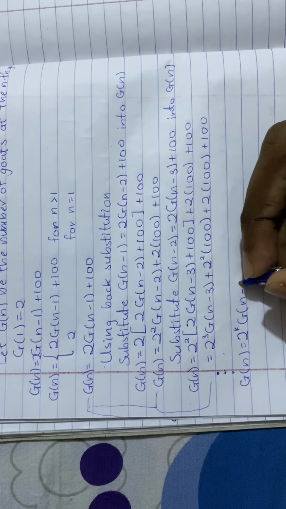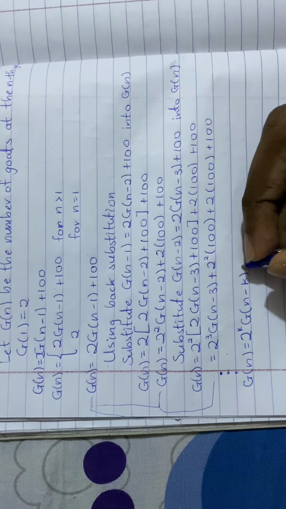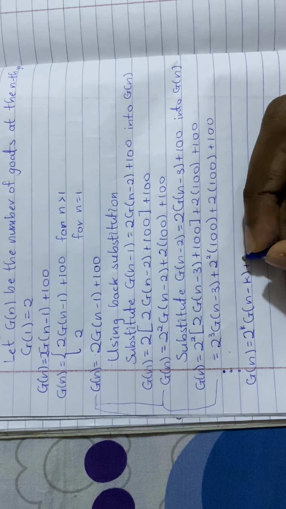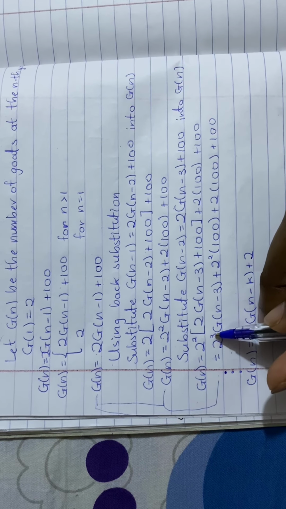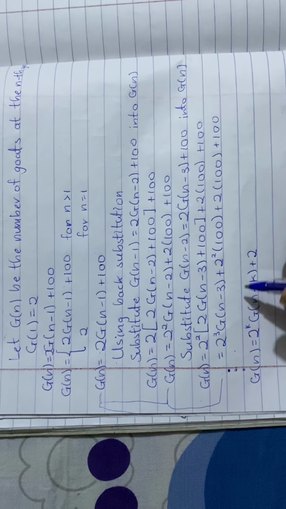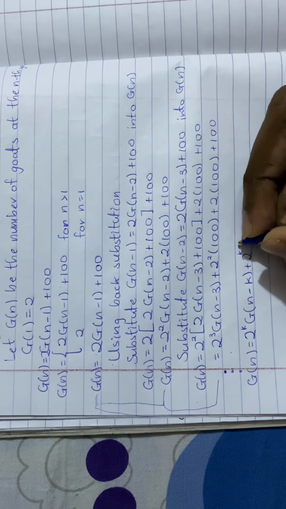That's what happens. So we'll put our k here plus 2 exponent. This 2 is 1 less than this, so that's k minus 1.